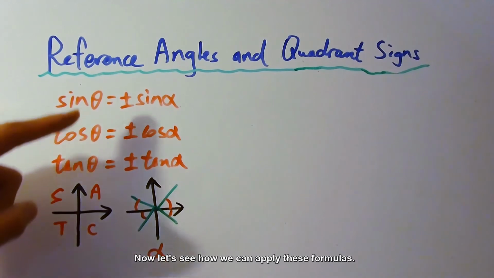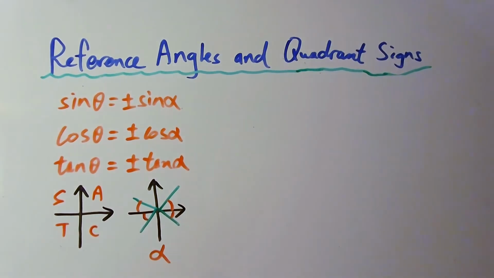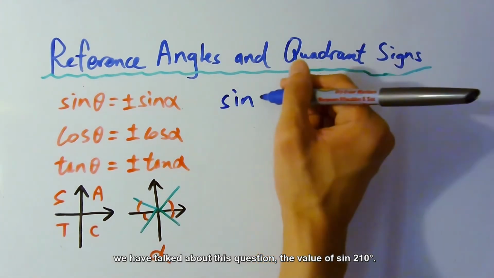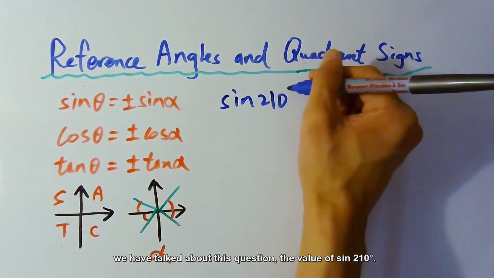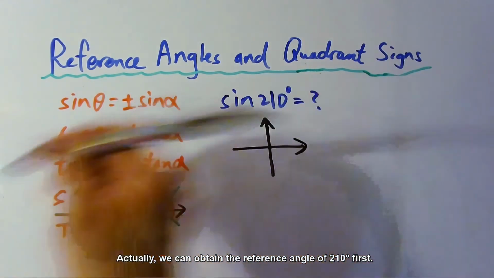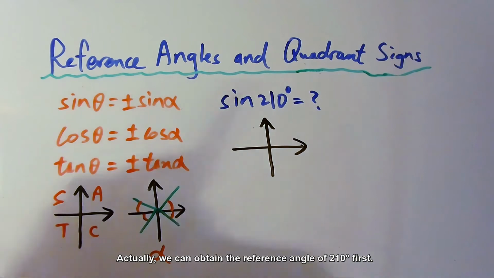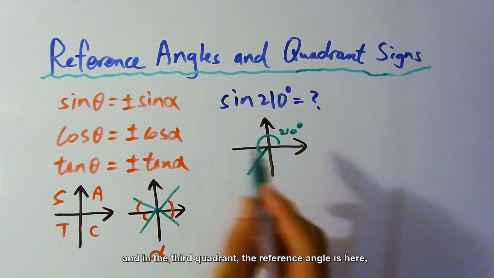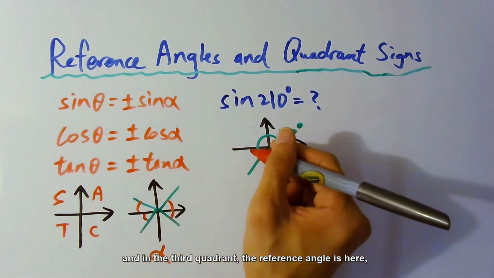Now let's see how we can apply these formulas. In the beginning of this video, we talked about this question, the value of sine 210 degrees. Actually, we can obtain the reference angle of 210 first. 210 is somewhere here, and in the third quadrant, the reference angle is here.